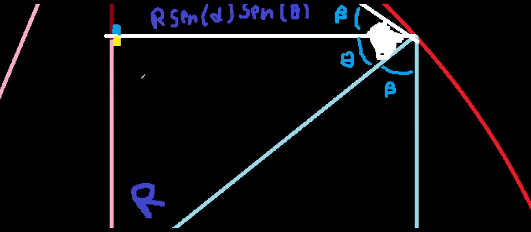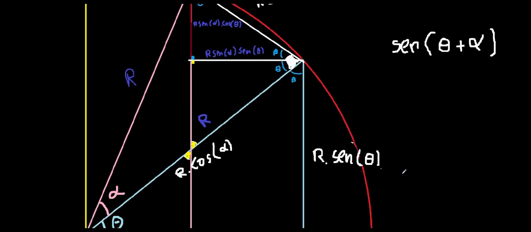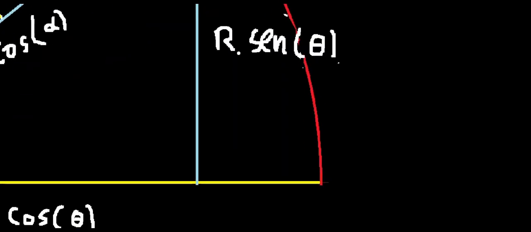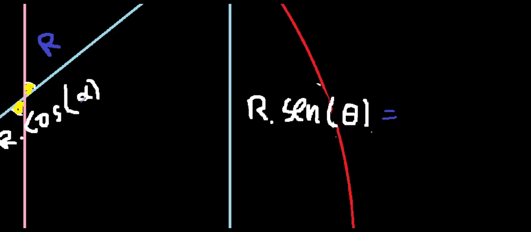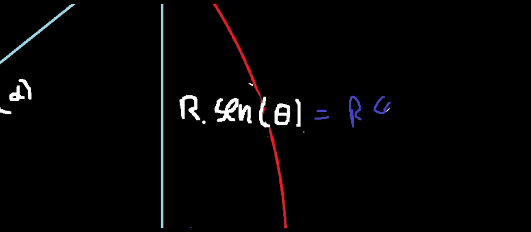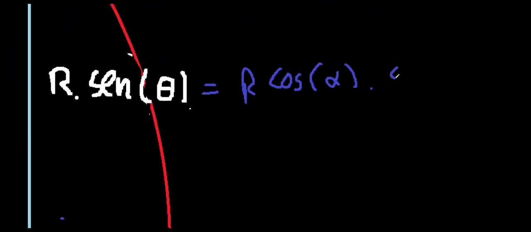In a similar sense we know the red line and blue line are equal to R cosine of alpha, R cosine of alpha multiplied by sine of theta.